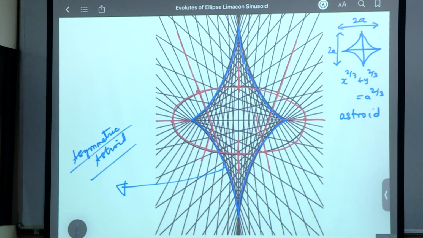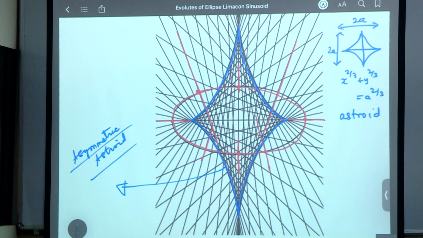It's asymmetric in the sense that it's elongated in one direction and shortened in the other direction. It's like saying an ellipse is asymmetric, but that's kind of a misnomer. Actually, an ellipse is of course symmetric about both the axes, but it's asymmetric in the fact that the major axis and the minor axis are different. So don't get confused with the word asymmetric. It's just that it's elongated on one side.